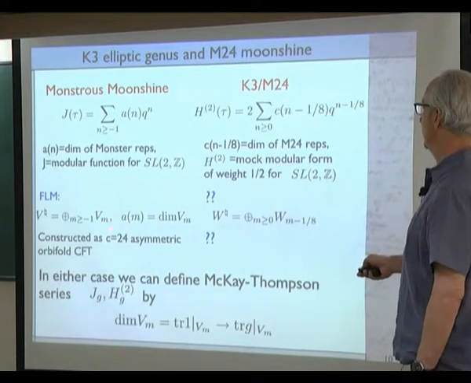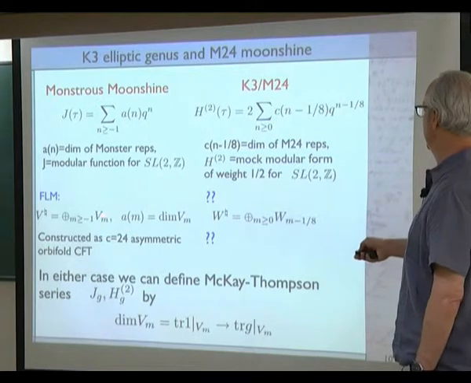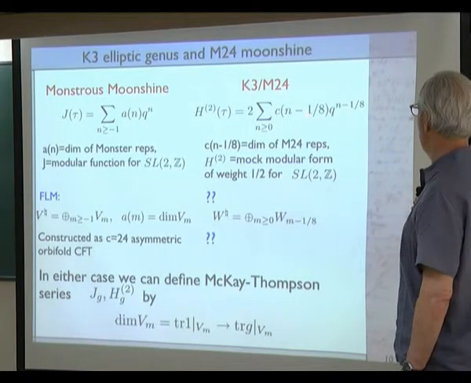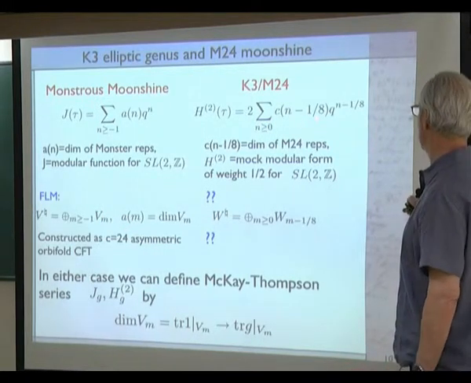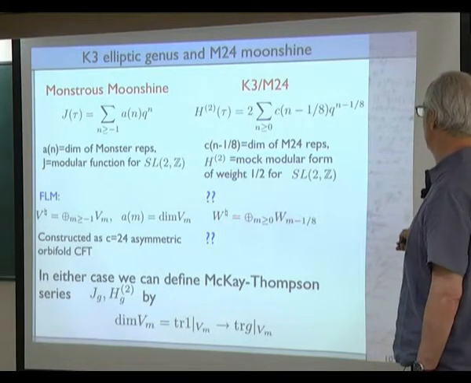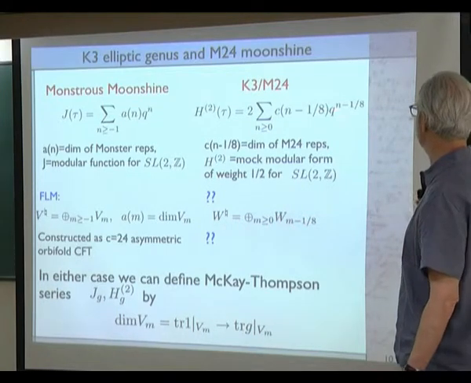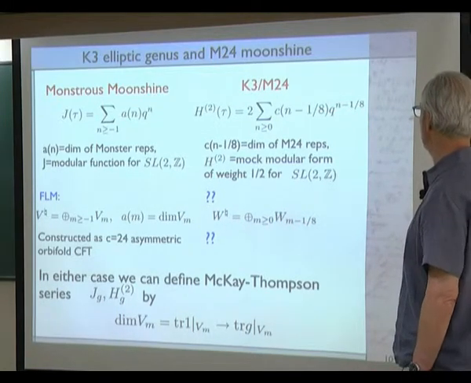So these coefficients A of m appearing here are the dimensions of these vector spaces. Now, you would expect that there could be a similar structure here, that is, some natural infinite dimensional module for M24 with a grading by the power of q in this expansion.